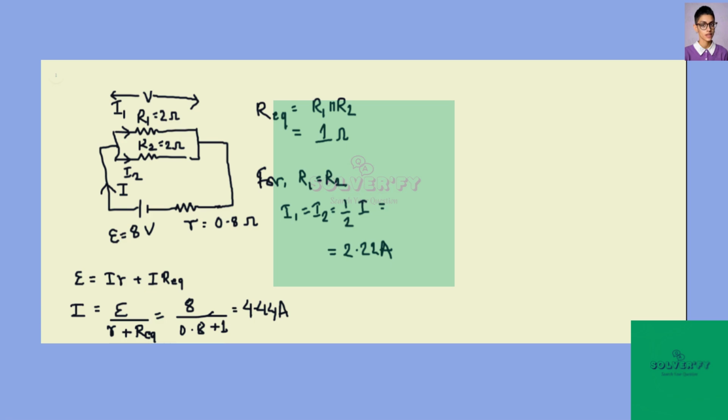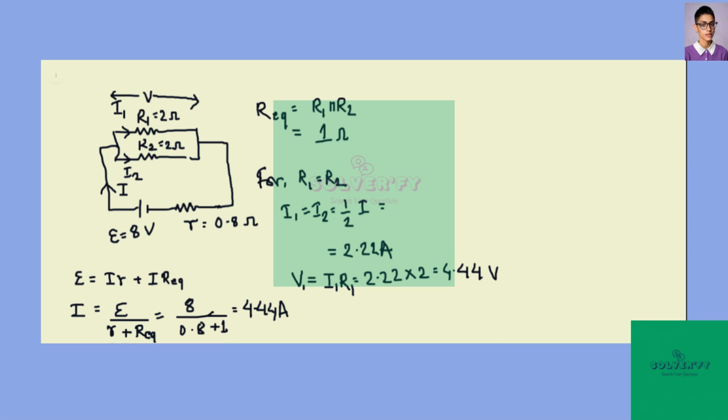Now what else? The potential difference across each bulb. Now it is very easy. The potential difference across each bulb is the same because they are in parallel. So you can either use I1 R or I2 R, it is the same, or you can just use I into R equivalent. So let me use I1 into R1, that is 2.22 into 2, which is equal to 4.44 volts.